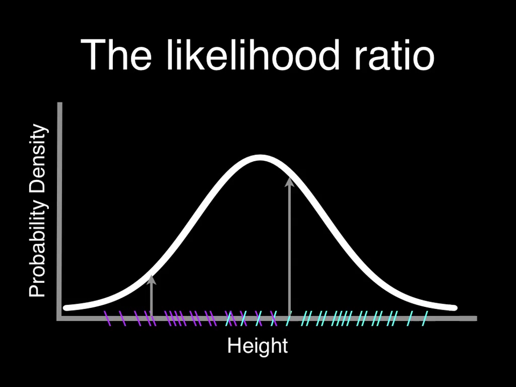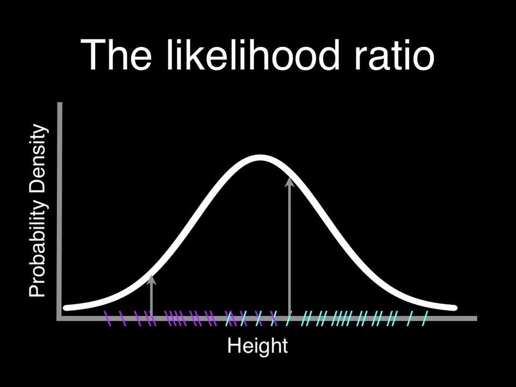The height of the curve reflects the probability density of that point. You can think of that as the probability of that point given the model. And then the product of all those probabilities reflects the probability of all the data given the model. The likelihood of a model given data is actually just defined as the same thing as the probability of the data given the model. There's a slight nuance, but I won't talk about that.